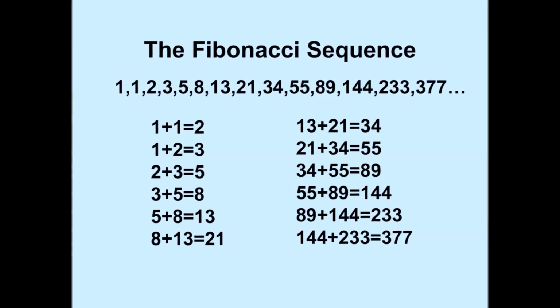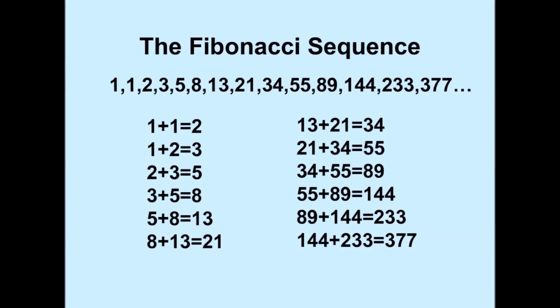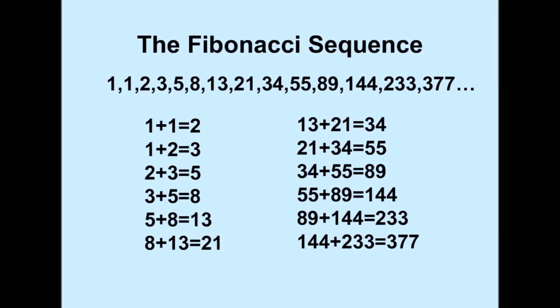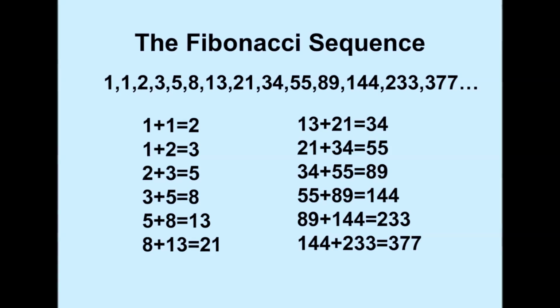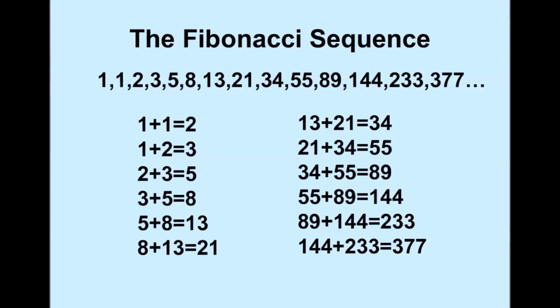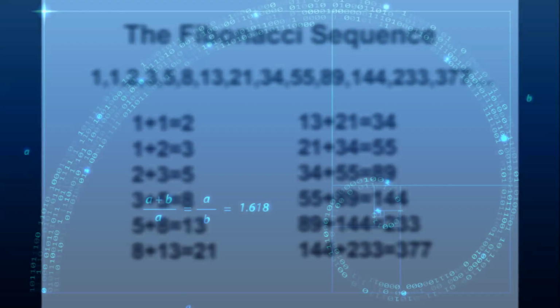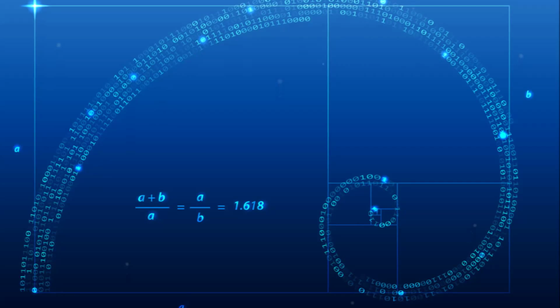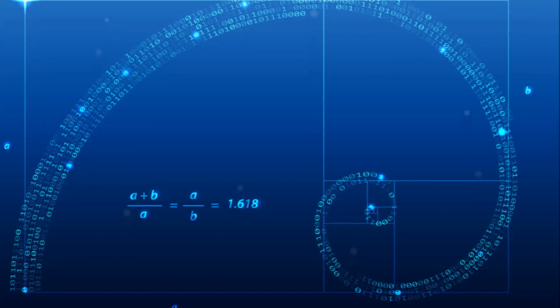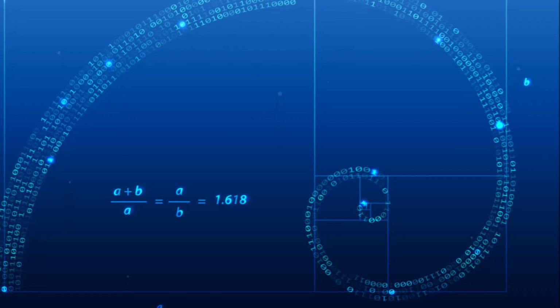The Fibonacci sequence begins 1, 1, 2, 3, 5, 8, 13, 21, 34, 55, 89, 144, etc. Each number is the sum of the previous two numbers. The ratio of any two successive Fibonacci numbers from 3 on is about 1 to 1.618.